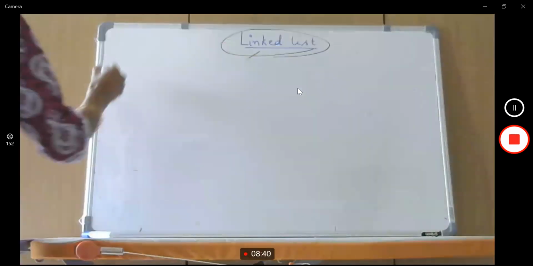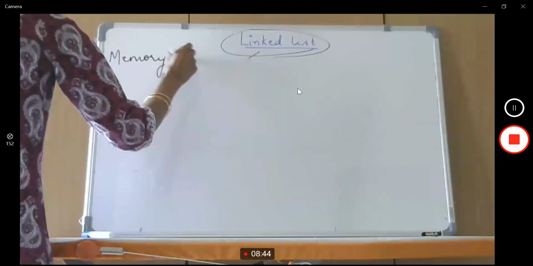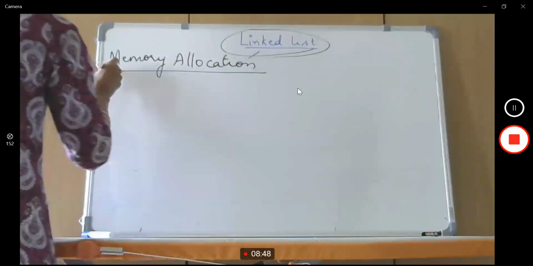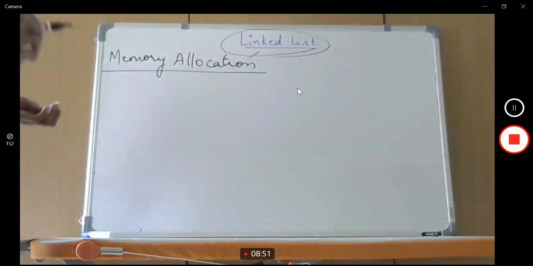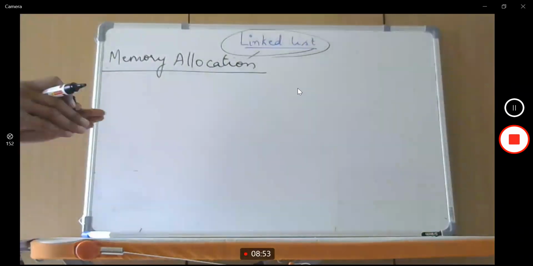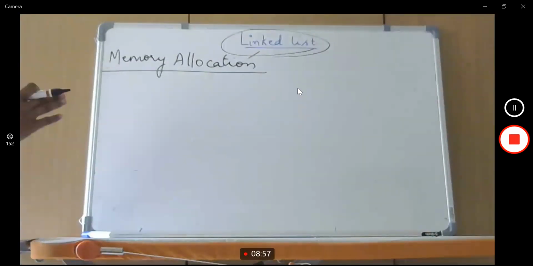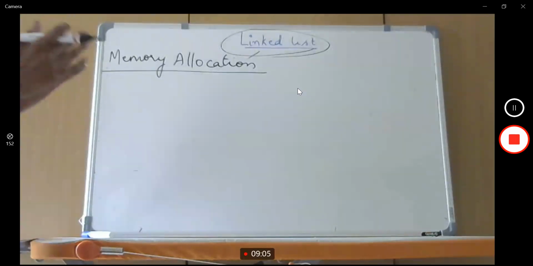Now, next, before we go into the details of linked list, let us see what is memory allocation. All of us know that in any programming, memory allocation is very, very important. We all know that, correct? Now, for storing the values, you are going to assign some kind of memory to the variables, right?